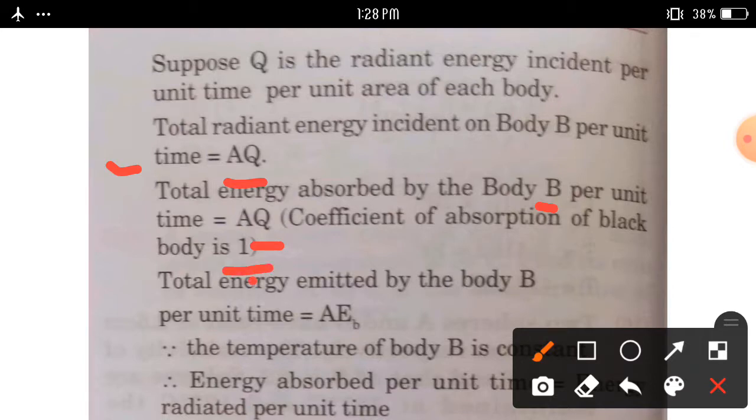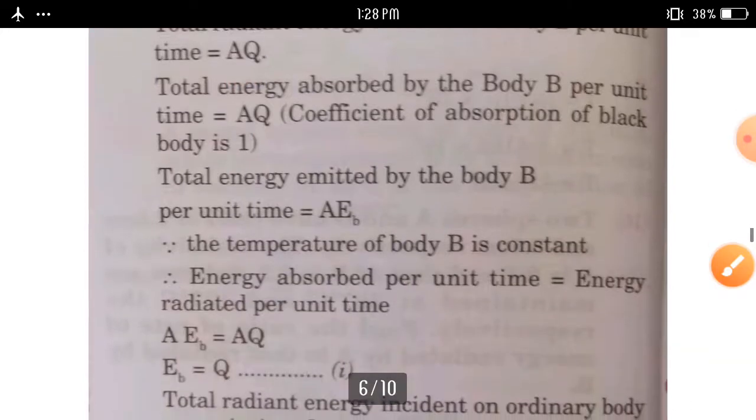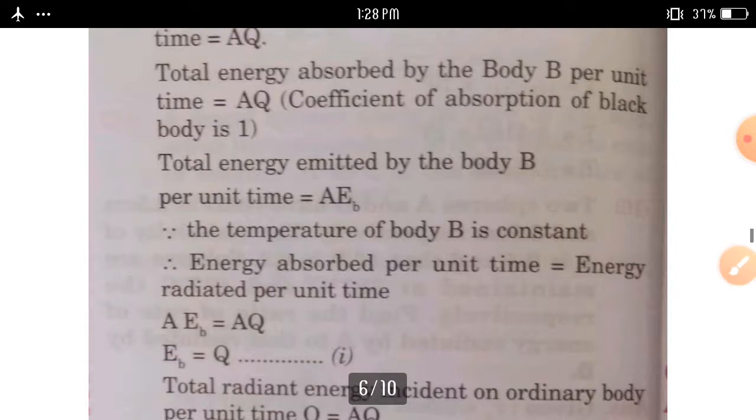Then the total energy emitted by body B per unit time becomes A into E suffix B. Therefore, the temperature of body B is constant.